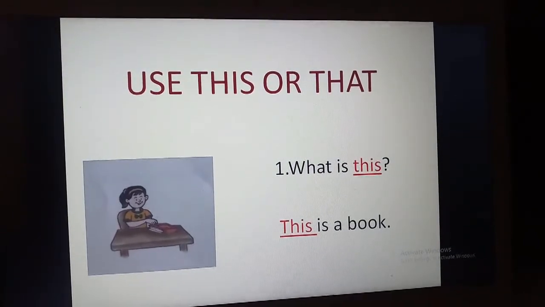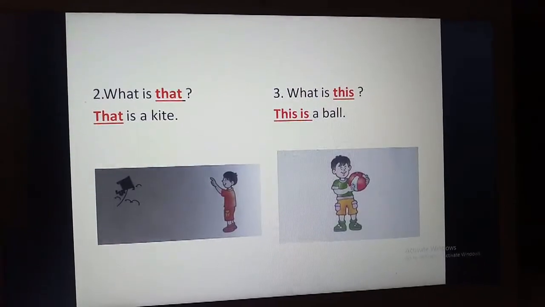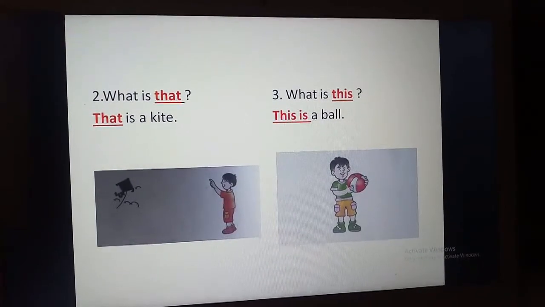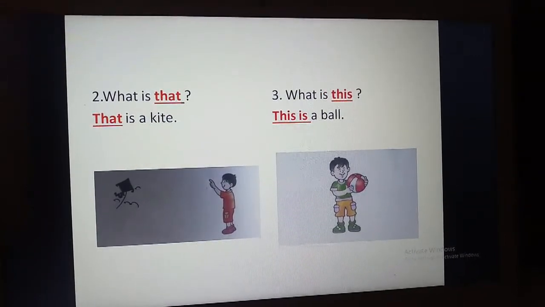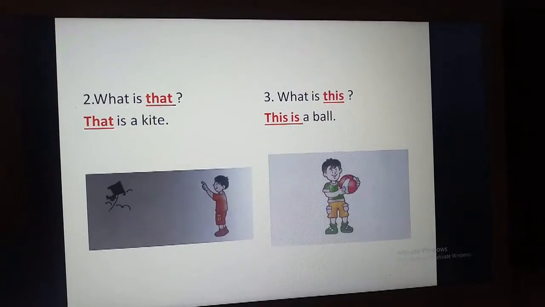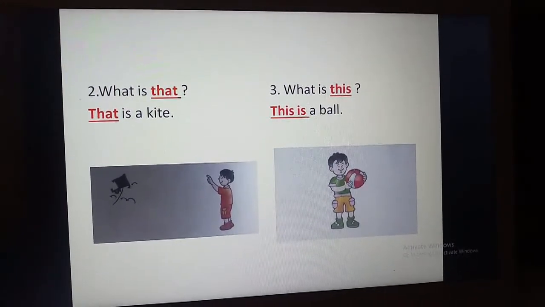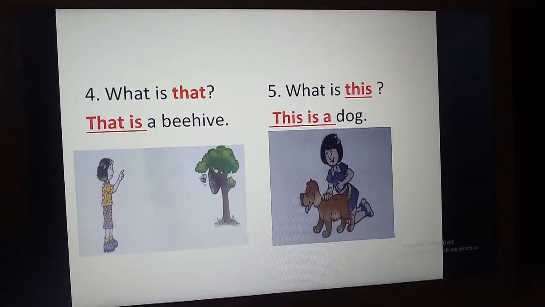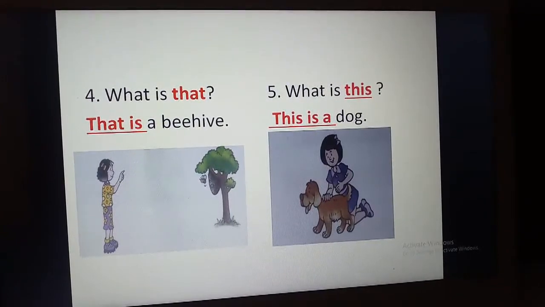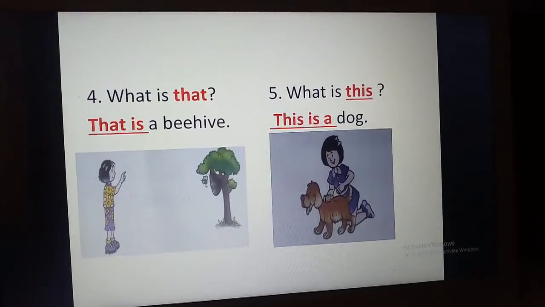What is this? This is a book. Now, what is that? Yes, that is a kite. What is this? This is a ball. What is that? That is a beehive. What is this? This is a dog.